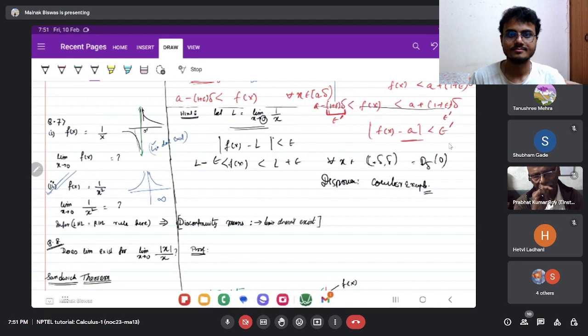So tell me, how do you get it? If I take epsilon equal to L, for example, what do you get? f(x) is between 0 and 2L, right? But can you find a delta such that a negative number is there? f(x) is nothing but 1 by x here.